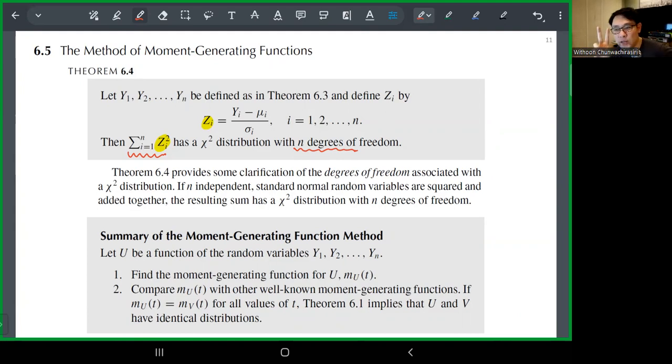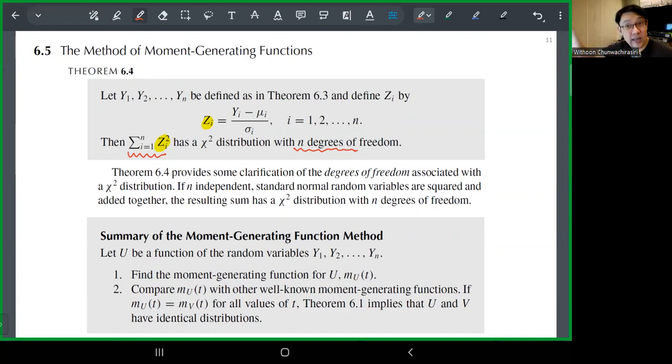I think maybe two things you can make connections over here. All right, let's go back. You have just a regular standard normal, the z. You can prove that using the MGF method. You take the z, which you've now proven to be normal, you square that, and the theory showed that it is chi-square.